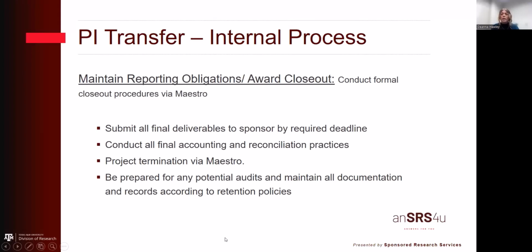So it's also very important to remain in close communication with the sponsor during these types of transfers, because if there is a change to our deliverables, Texas A&M University, any grantee institution, is still liable to remain in compliance with those deliverable due dates.